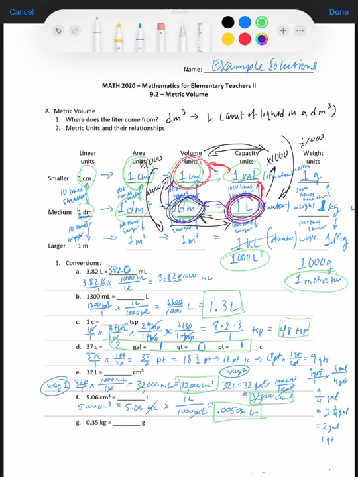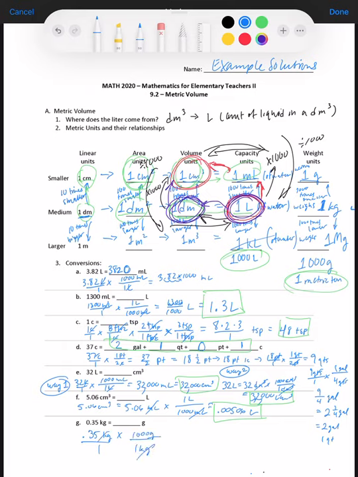Okay, and then the last one for this video, and on this side of the handout, we're going to convert 0.35 kilograms to grams. So I have kilograms to grams, and I'm going to put that over 1 and multiply by 1 kilogram has 1,000 grams.